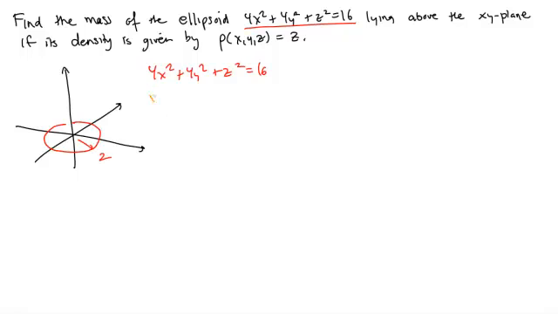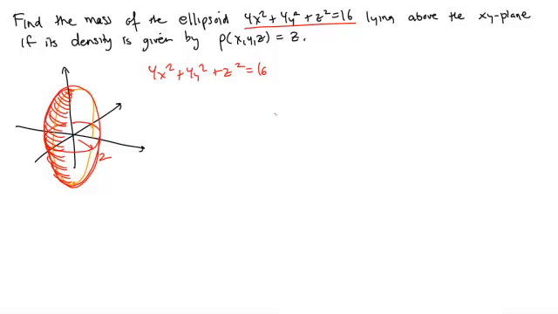If we looked at the x equals 0 trace instead, we'd get 4y squared plus z squared is equal to 16, which is an ellipse who crosses the z-axis at plus or minus 4, and who crosses the y-axis at plus or minus 2. And so that would be good enough for me to understand what the basic ellipsoid looks like. It's going to look something like this pill right here.